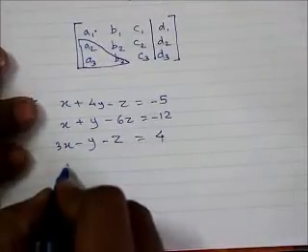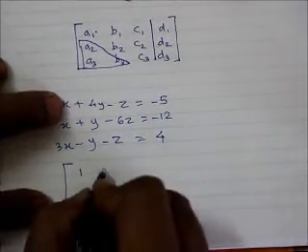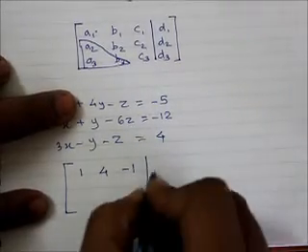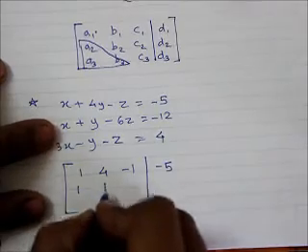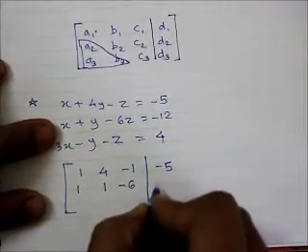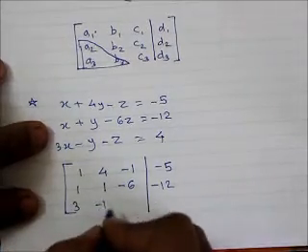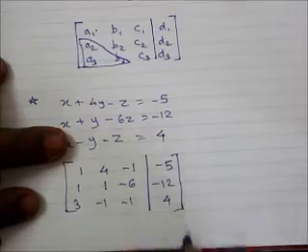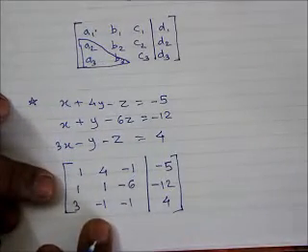So this matrix is going to look like 1, 4, minus 1, I'm going to put a line here, and minus 5. Then 1, 1, minus 6, minus 12, and 3, minus 1, minus 1, 4. Completing it here. So this is the matrix that we are going to have initially.